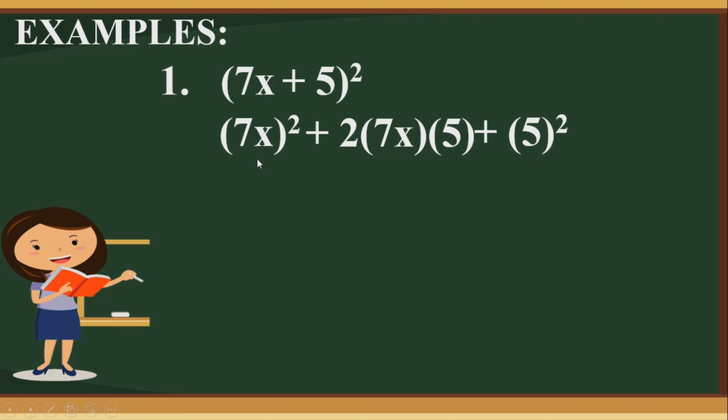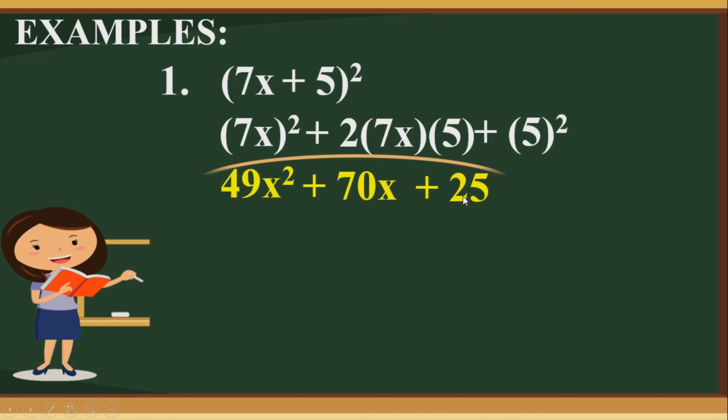So 7x times 7x, that would be 49x squared. Then this is positive, so plus 2 times 7 is 14 times 5, so that would be 70x, and then 5 times 5 is 25. So the final answer is 49x squared plus 70x plus 25.